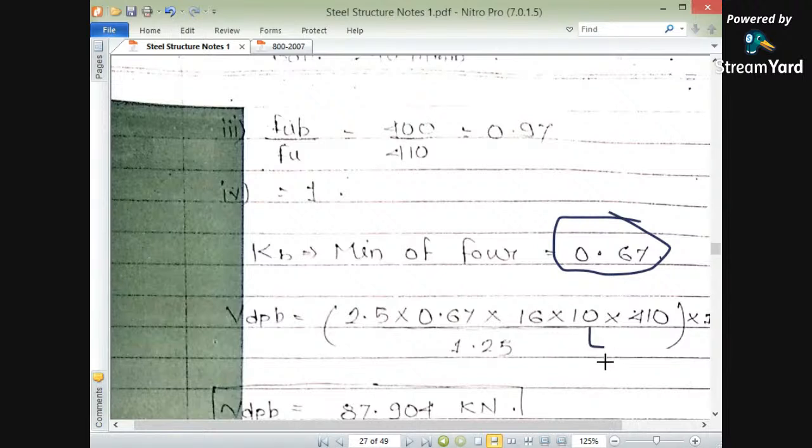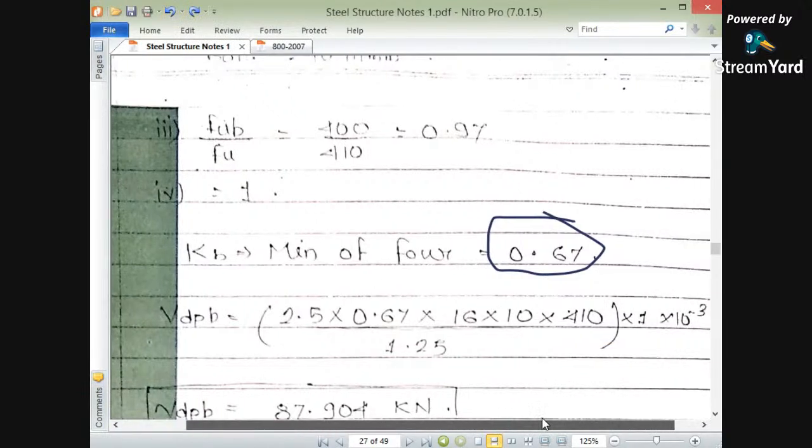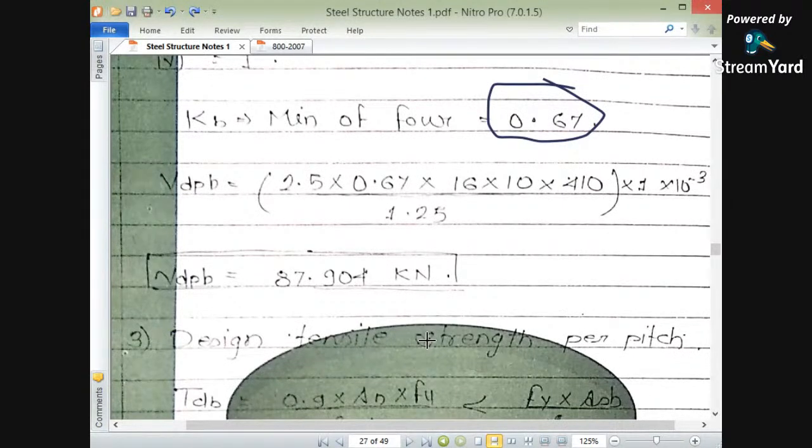This 10 is nothing but the t minimum. And why are we multiplying with 10 to the power minus 3? Here we are converting this into kilonewton. So it comes to be 87.906 kilonewton.